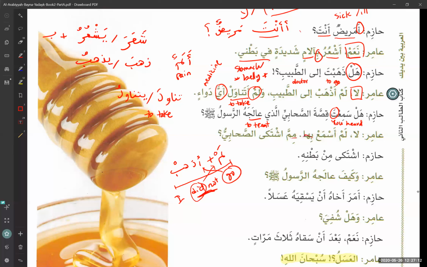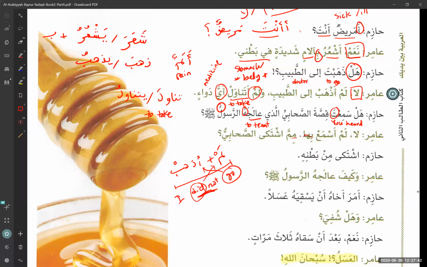So we have عالجه الرسول صلى الله عليه وسلم. So who is the fa'il? Who did the treating? Who did the action of treating? It is the Rasul, because why? We have dhamma, so this is the fa'il. That's the doer. And then this hu is what? It's the object, maf'ul bih.